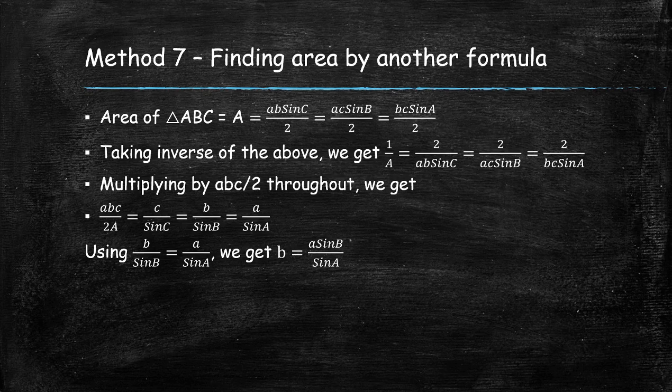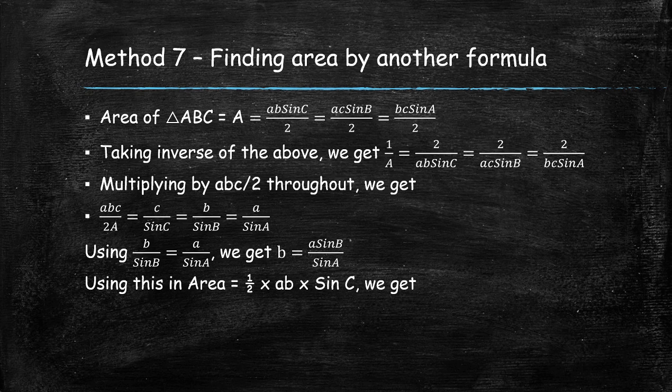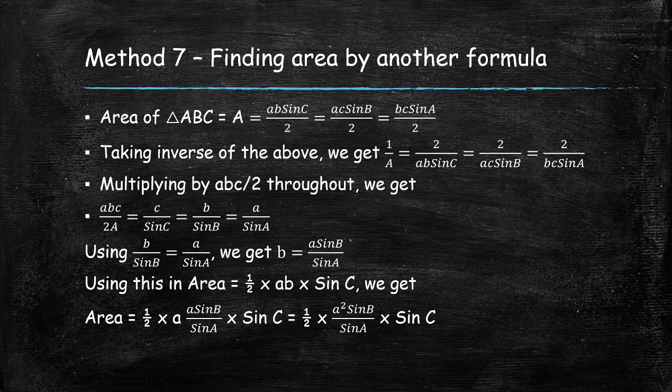We get B as A into sin B by sin A. Now we substitute into the formula, half into AB into sin C. We get the area as half into A sin B by sin A into A into sin C. So we get half into A squared sin B by sin A into sin C. So in this formula we have used the 3 angles and one side: angle A, angle B, angle C, and side A. So method 7: half into A squared into sin B by sin A into sin C.